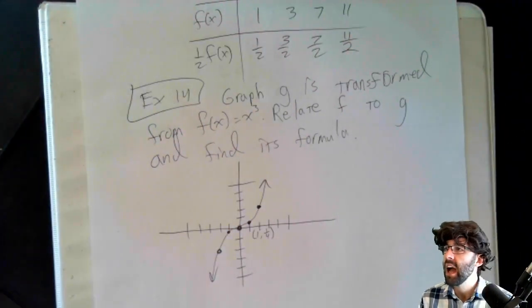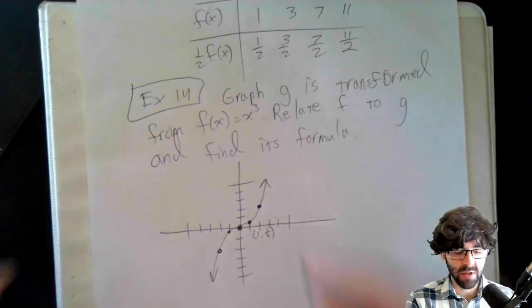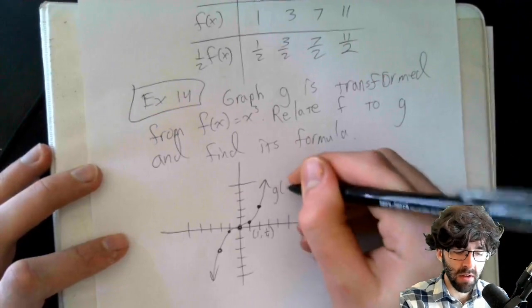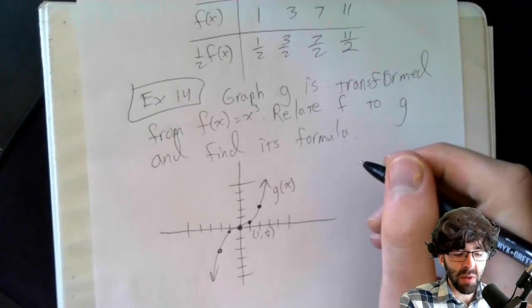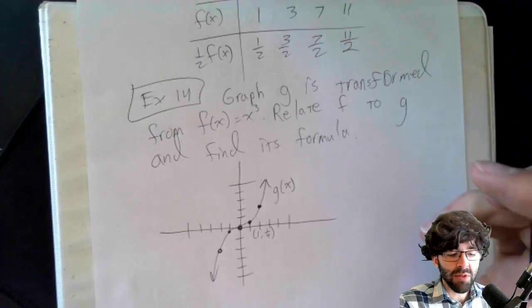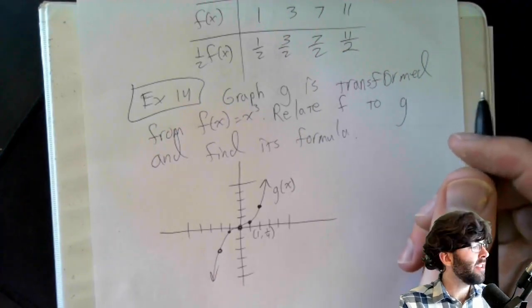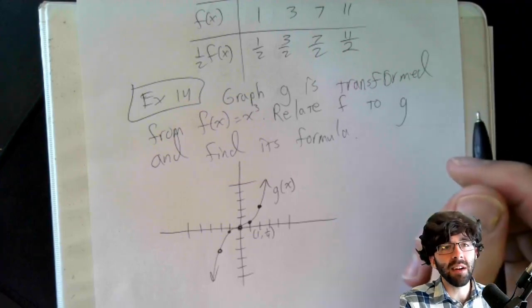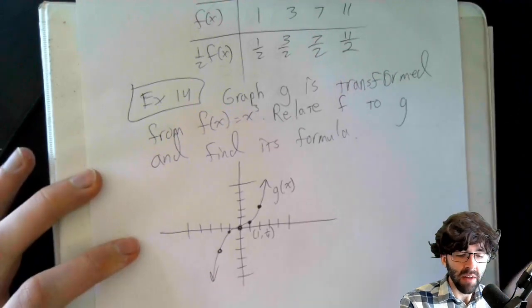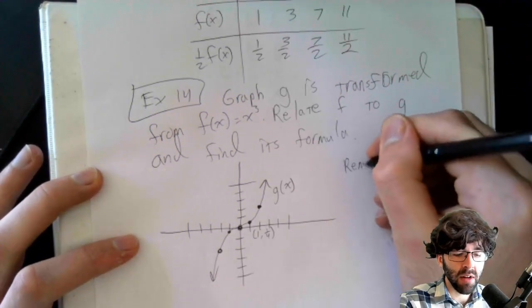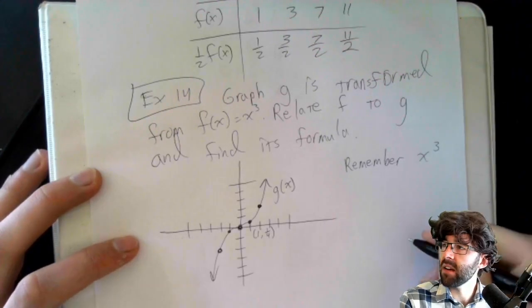So, how can you recognize function transformations? To recognize function transformations, we first have to be familiar with the basic graph, with the toolkit functions. This section will become way easier if you're familiar with toolkit functions. So you need to remember what x cubed looks like.